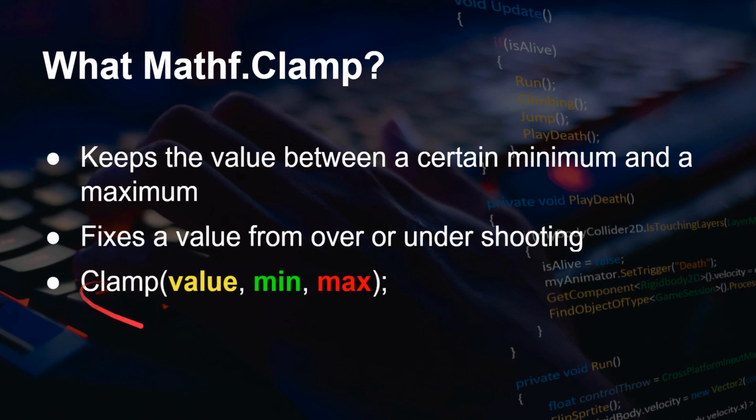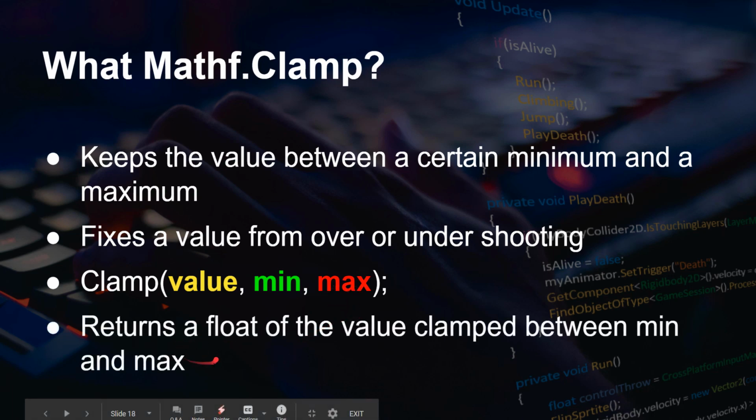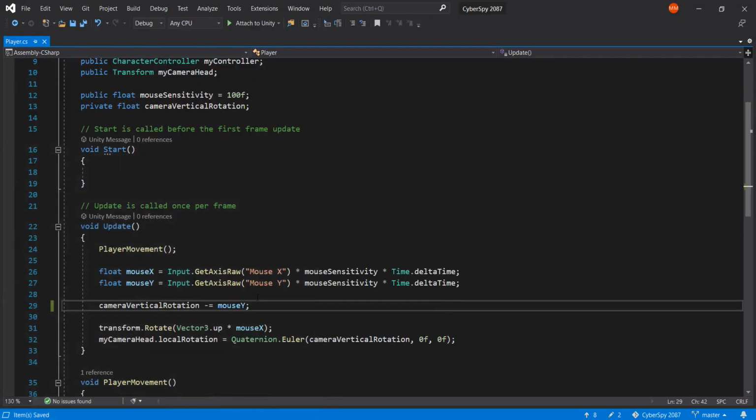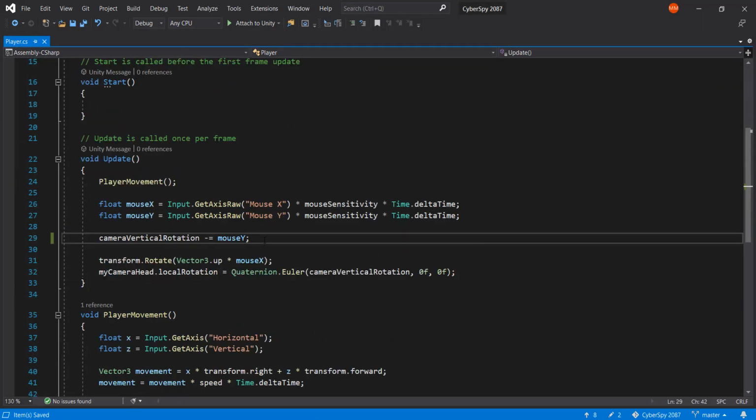So first of all, we have Clamp. We give it the value which we want to be changing. We give it the minimum and the maximum. We then have it return a float of the value clamped between the minimum and maximum. So let's go ahead and do that. First things first, we have our camera vertical rotation.